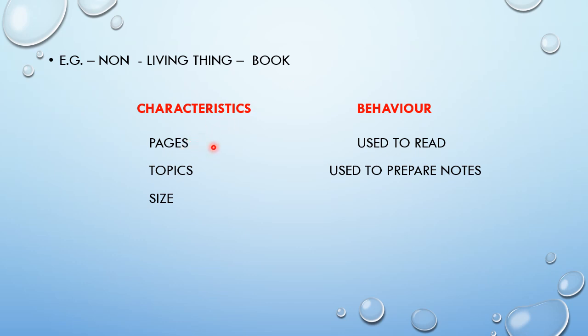It can be its cover, pages, topics, size. So these are features, or we can say characteristics. Now what is the behavior? What is the function of book? What is the use of book? Book is used to read and book is used to prepare notes. So these are the behavior of book. Fine. So we have taken 2 examples of real-world objects.